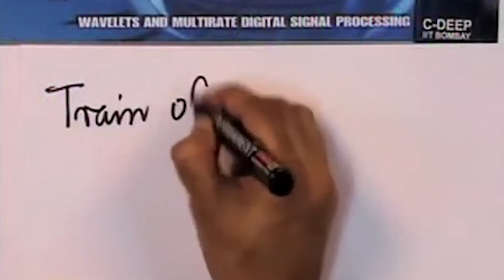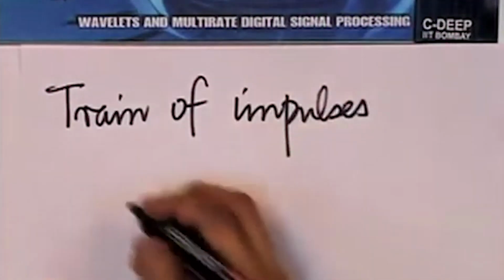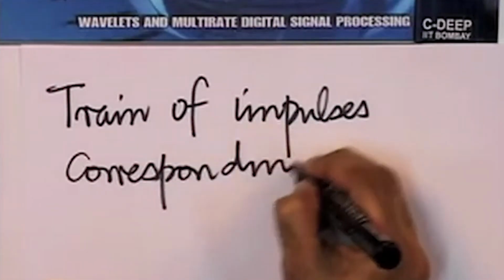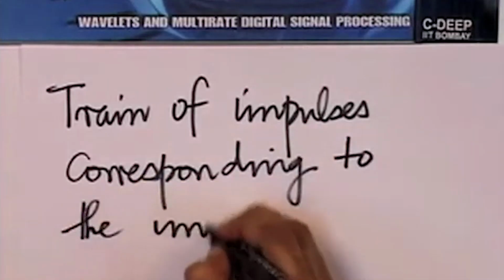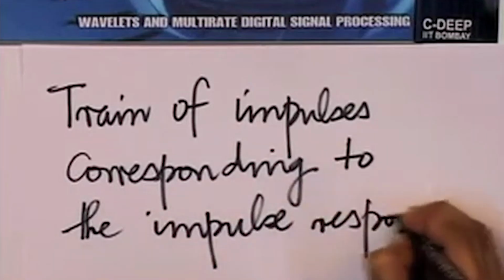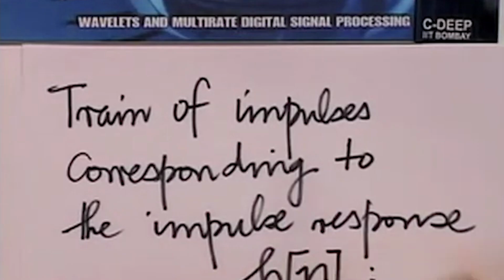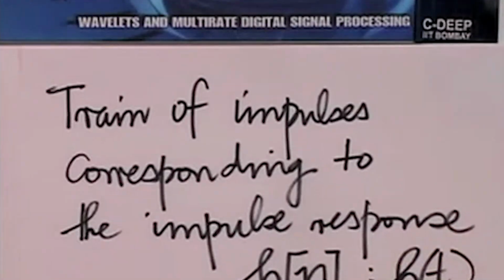So, we have this train of impulses corresponding to the impulse response h of n, which we have called h of the continuous variable t.